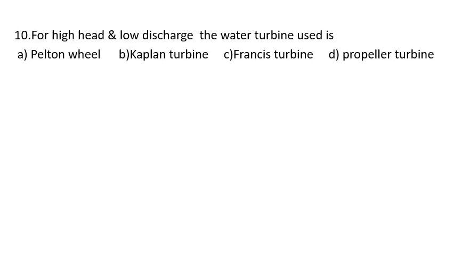Tenth question. For high head and low discharge, the water turbine used is: option A Pelton wheel, option B Kaplan turbine, option C Francis turbine, and finally propeller turbine. We know that based on the construction of turbines, there are impulse turbines and reaction turbines.